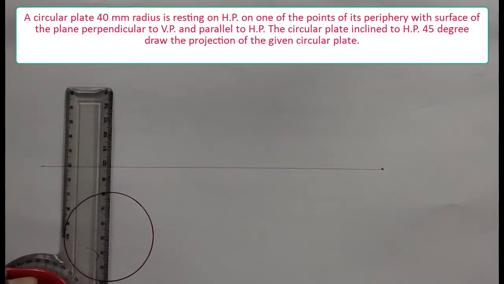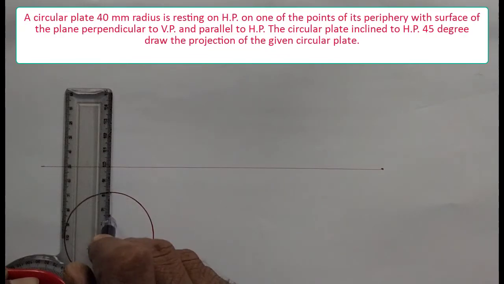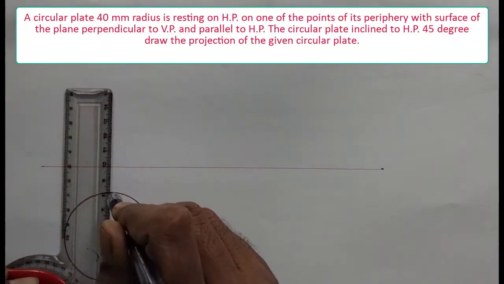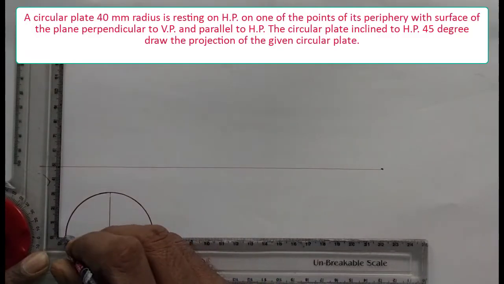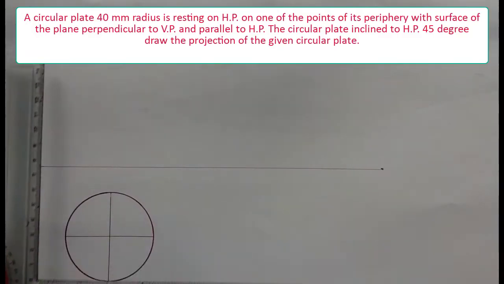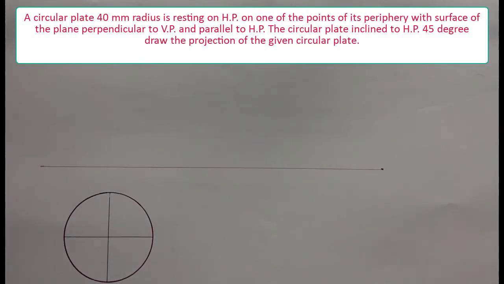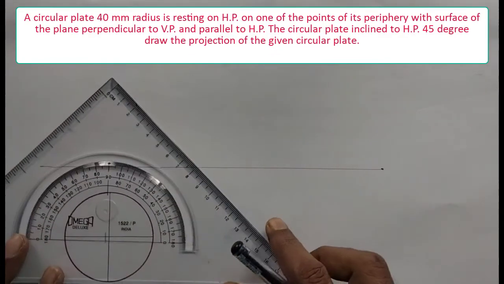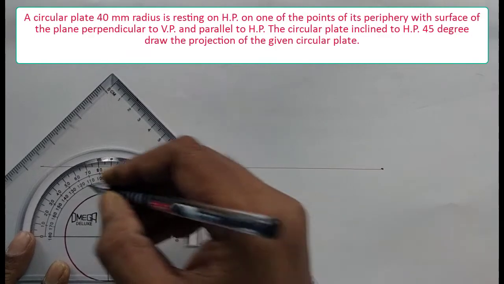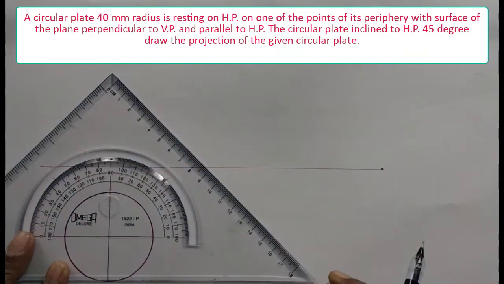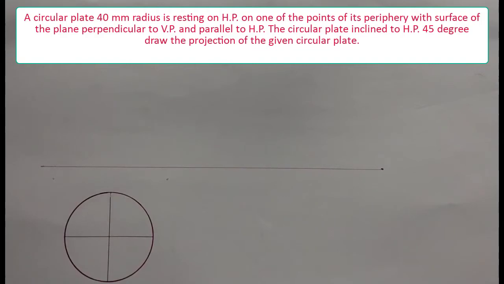Now we divide this circle into 8 parts. You can take the 45-degree inclination here on both sides and you divide your circle into 8 parts.